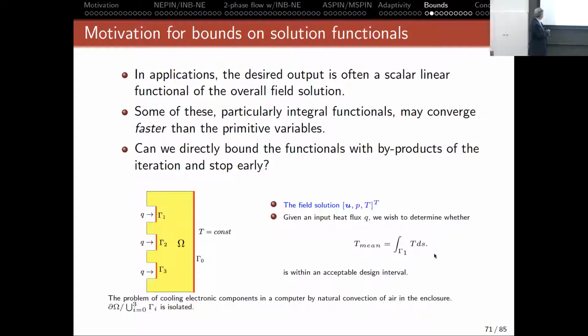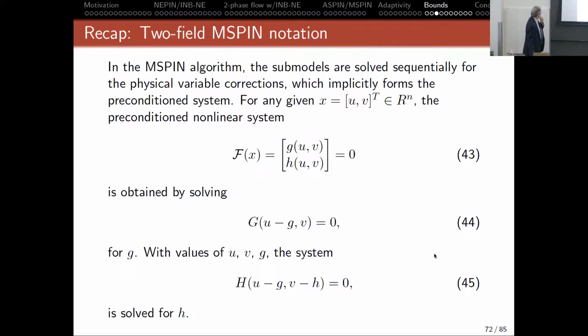And this would be an example, for instance, where we have convective cooling of some semiconductor chips, and we might be interested in the flux over those gamma boundaries, for example. And that might actually converge more quickly than the global solution.